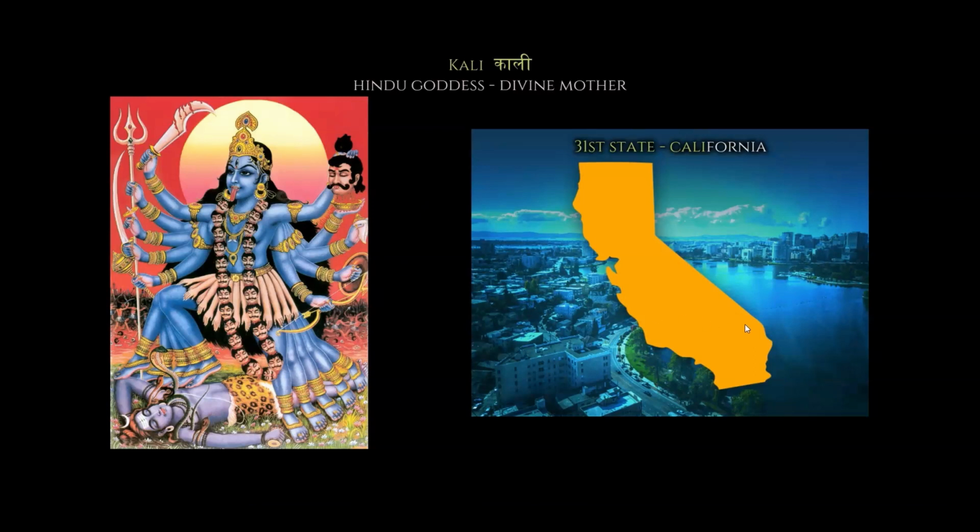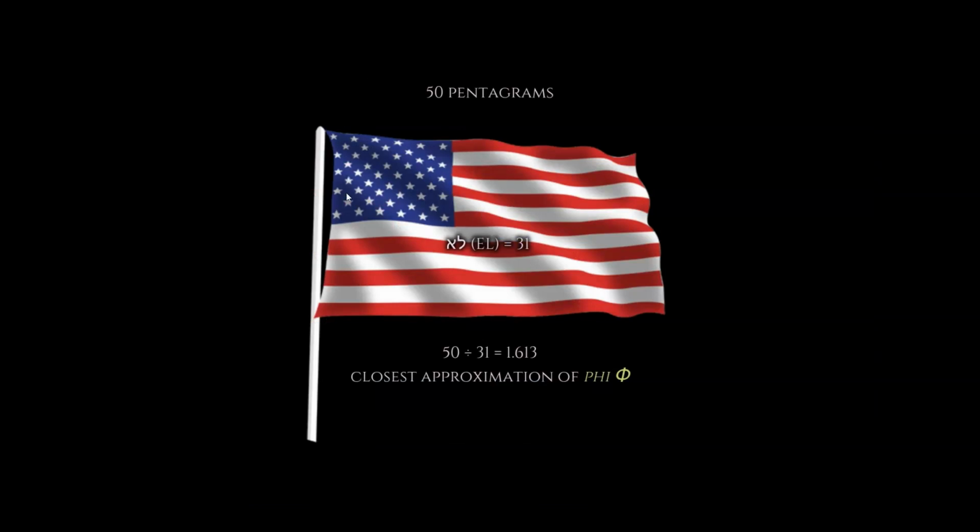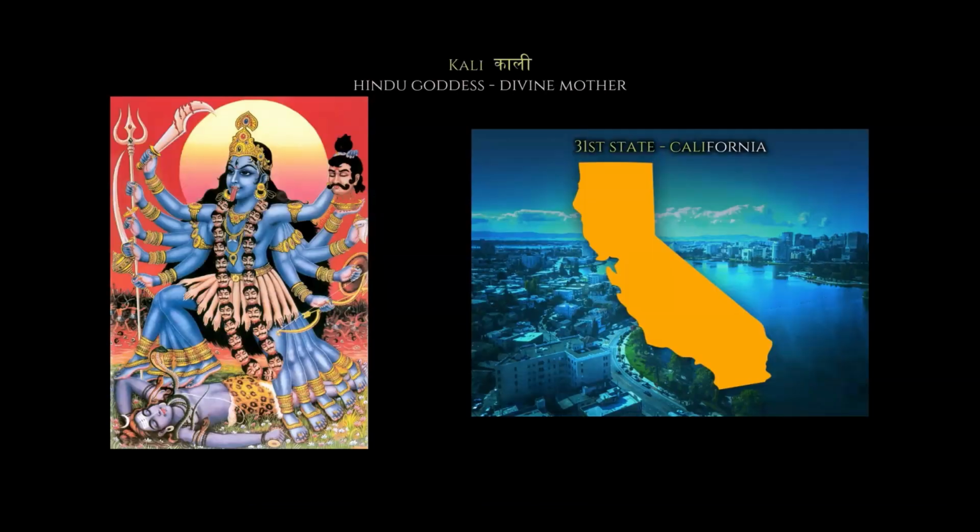And of course, if we look at the states, the 31st state is California, named after the goddess Kali. The golden state, California, because it encodes our golden ratio with the states.